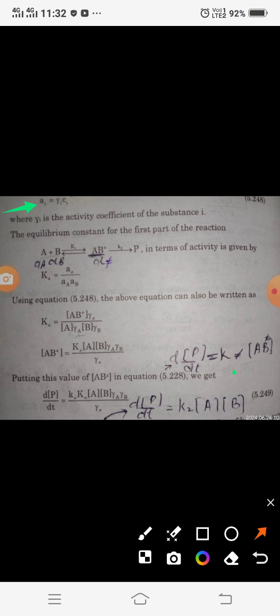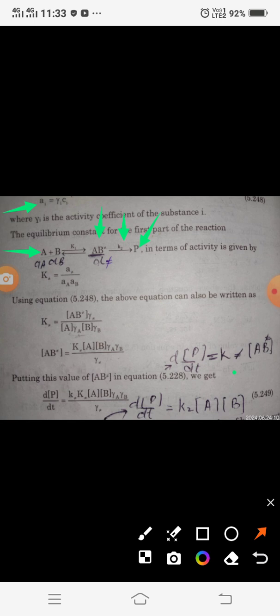The equilibrium constant for the first part of the reaction can be shown here. If we consider a reaction taking place, the first one gives this equation where the two substances named A and B are reacting together. These are getting converted into the complex form AB, and after some time an irreversible reaction takes place, where we use K2 as the constant and P is the product obtained.